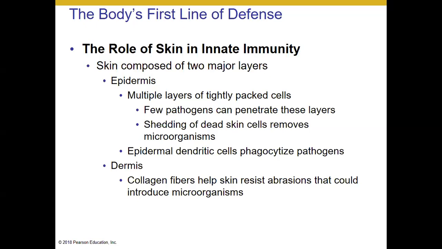And this dermal layer is composed of collagen, like really tough connective tissue, and it provides another layer of protection against pathogens penetrating further down. The problem is, once you get past the epidermal layer, which is non-vascular, and you enter the dermal layer, which does have a vascular system, that might allow access to other areas of the body.